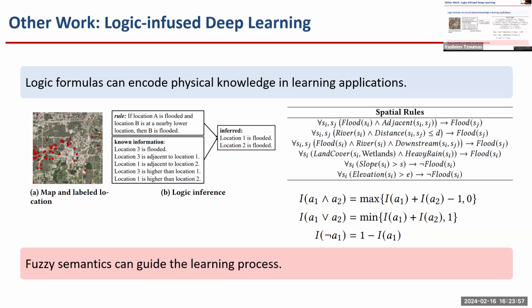The domain of application is flood mapping, where you try to map flooding points on a map, where you have uncertainty in your data, but you have a set of logical rules to help you make the inference.